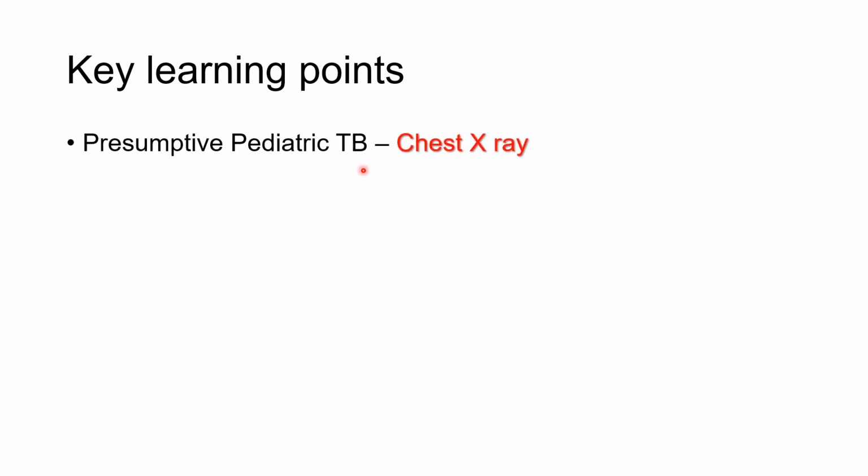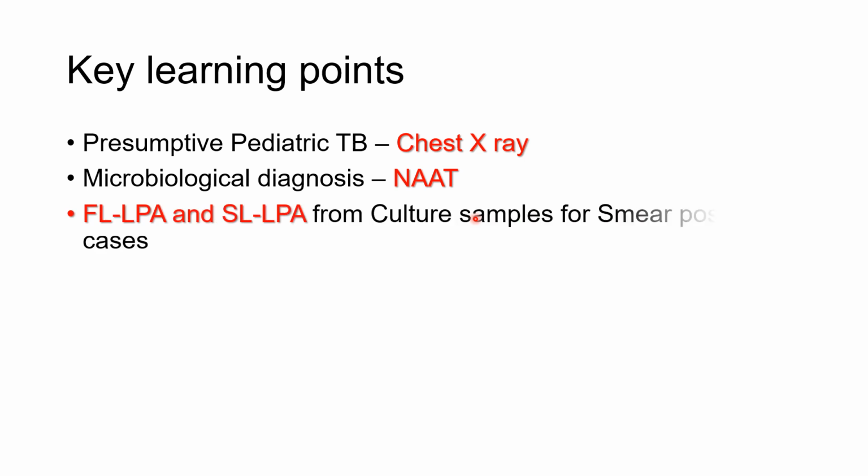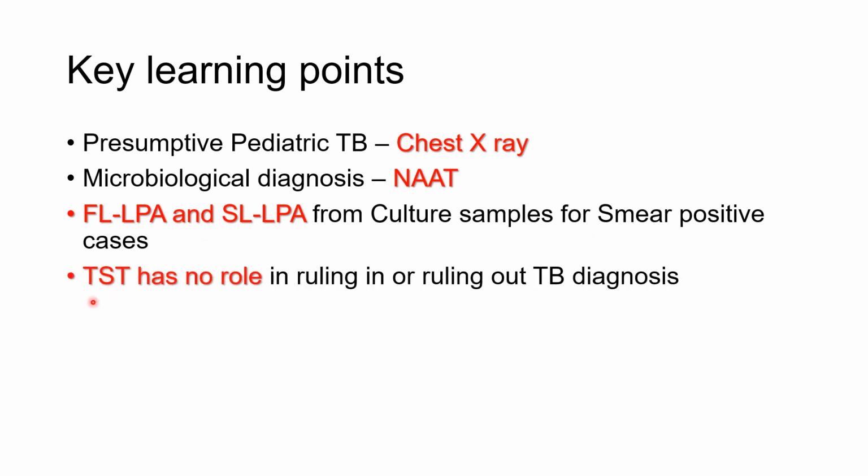Presumptive pediatric TB, your diagnosis mainly relies upon chest X-ray. Microbiological diagnosis mainly relies upon nucleic acid amplification test or NAT. First line probe assay and second line probe assay has to be done from culture samples for smear positive cases. TST or tuberculin skin test has no role in ruling in or ruling out tubercular diagnosis.